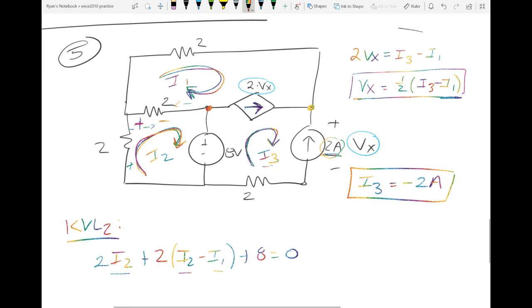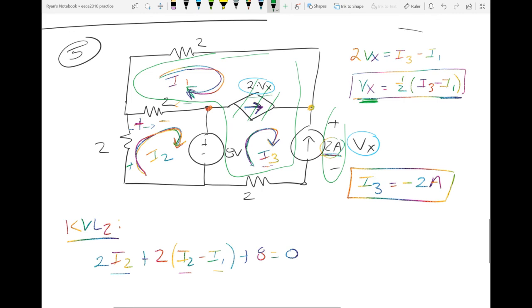So I did do a super mesh, and the problem is you're going to look at it and you're going to say, why am I doing the super mesh? Because the point of the super mesh is to get around doing this, right? But now you have to include a path that looks like this. And you include this in it, and you're thinking, wait a minute, I can't write a mesh equation with that in it because I don't know what it is, but you do.